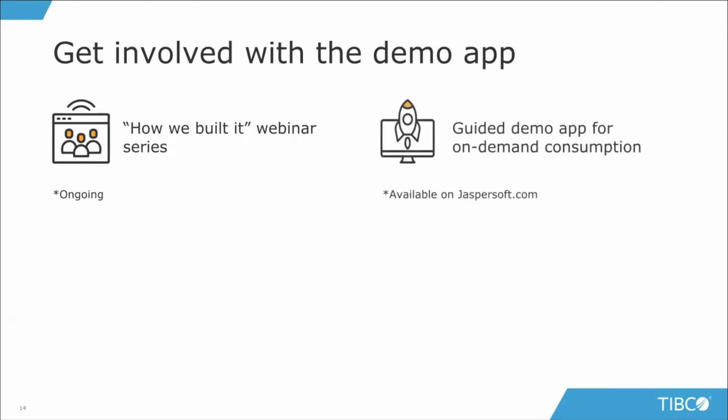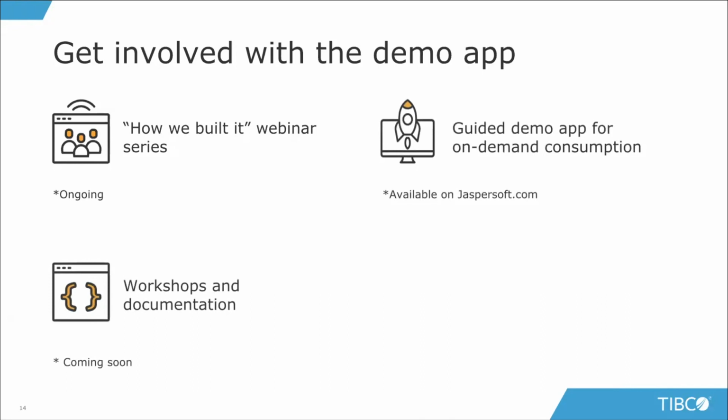I mentioned at the beginning that we have this guided demo app that you can click through. It's completely prompted and tells you a story and narrative on how the application was built. It's available through jaspersoft.com. There are a series of workshops and documentation that we're continuing to put together, and we're excited to release them soon. We'll make an announcement when they're published on Jaspersoft Community.